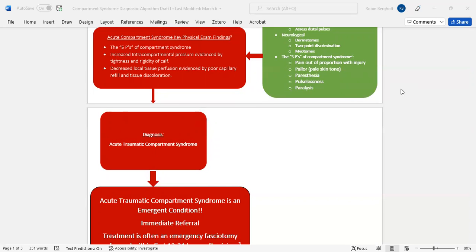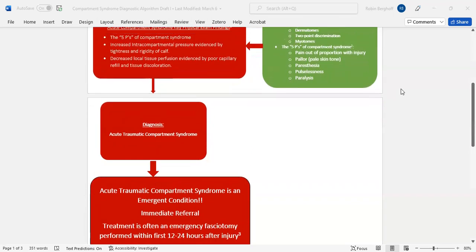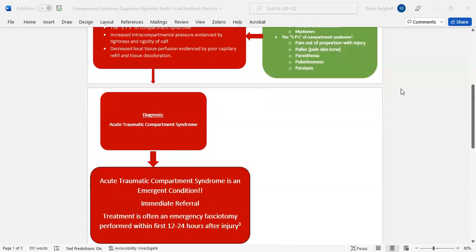Those are going to be the main things that tell you that there's likely an acute traumatic compartment syndrome. So the mechanism of injury of blunt force trauma or fracture, along with those key findings up here in the red, will point you down that track for acute compartment syndrome.